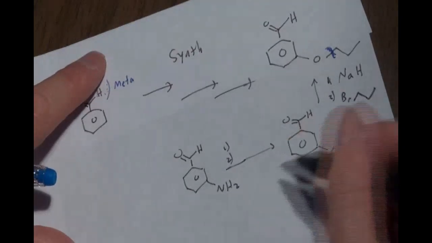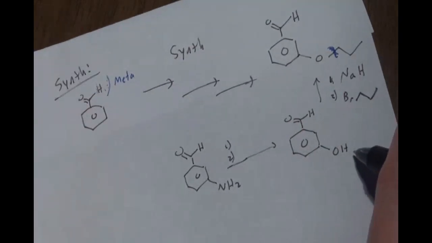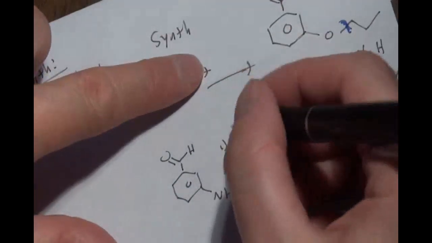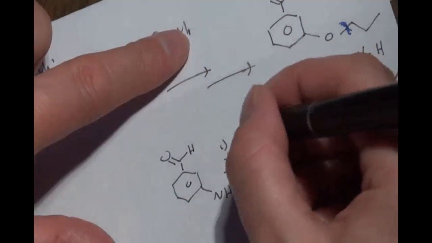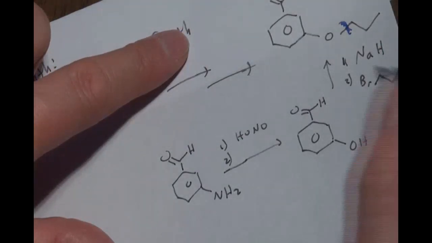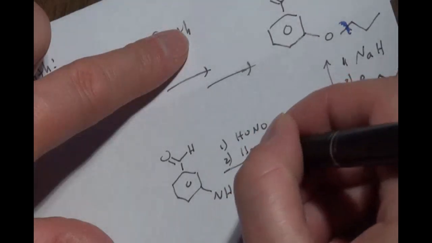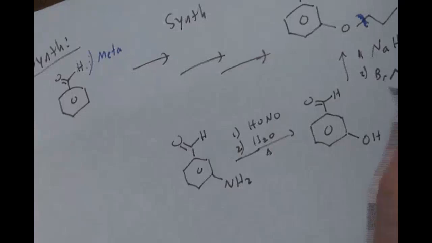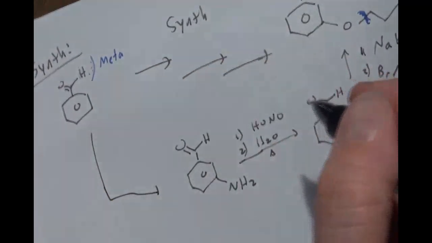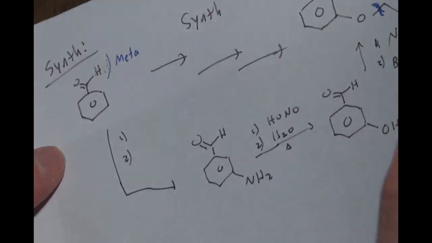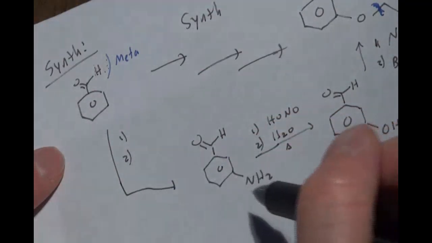How do we go from the amine to the phenol? Assuming we have the amine and we want to go to the phenol, first it's NaNO2, HCl. That makes the diazonium, and then it's water, heat, and that converts the diazonium into the phenol. Now, how do we get the amine? It's 2 steps also. First step, nitration.